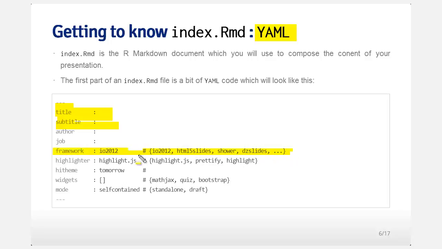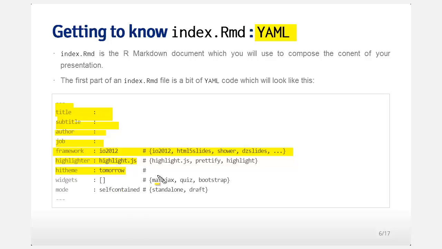The framework will do the formatting for you, so it'll decide what size the title is rendered at, what size the subtitle is. Author is you. Write your name. Your job is your job. You can leave these blank. The highlighter talks about some of the effects, and the theme is again a theme. You can play around with those and see what they do.